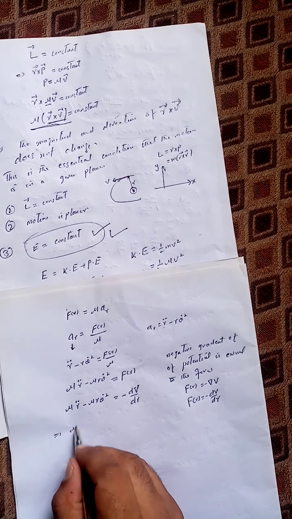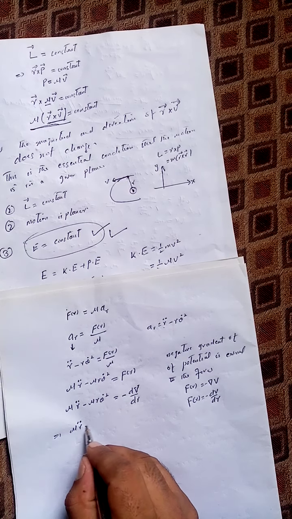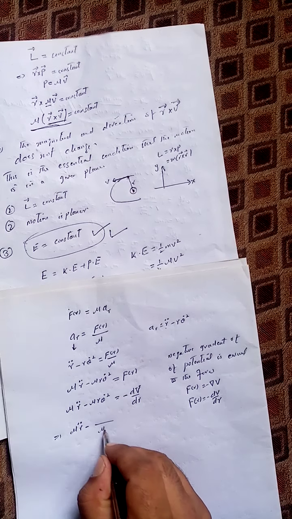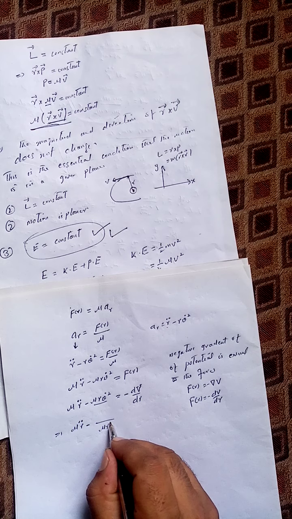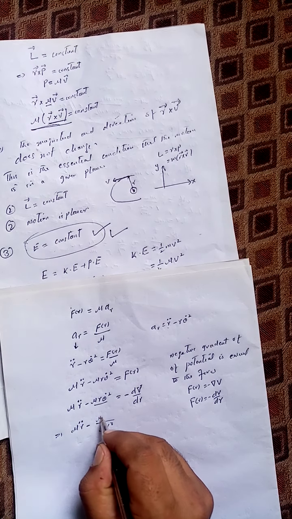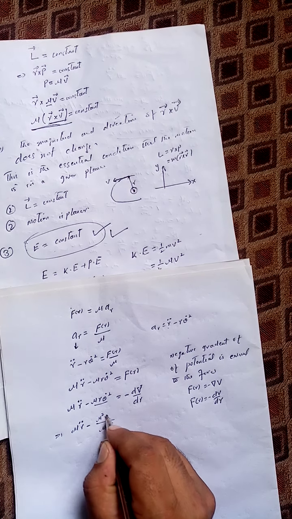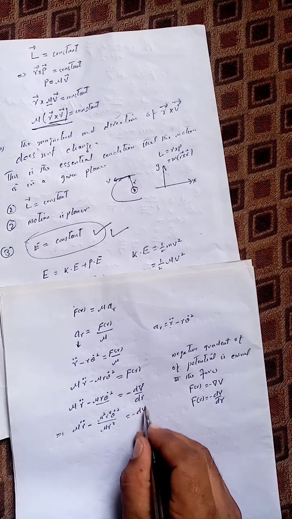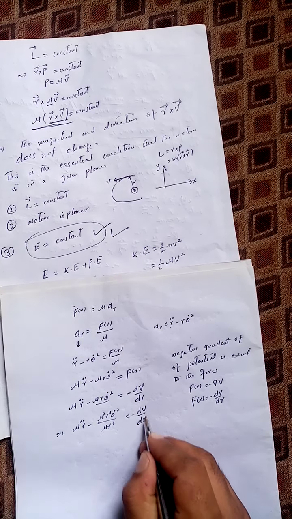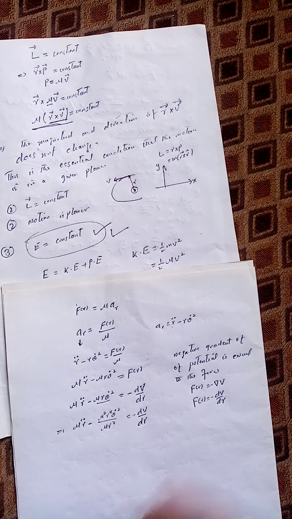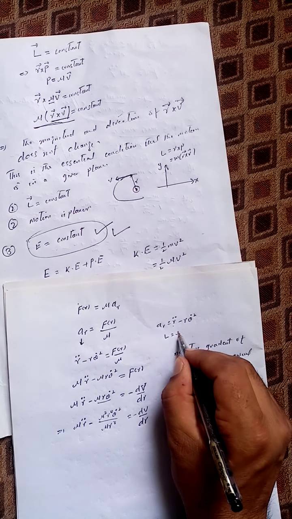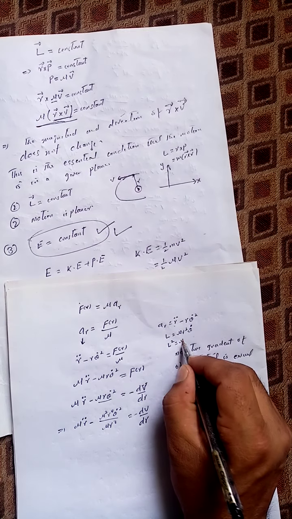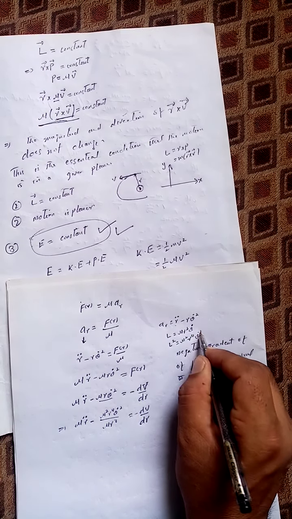This implies that mu r double dot minus, I will divide this part by mu r cube and also multiply it by mu r cube. So we have mu square r to the fourth theta dot square, which is equal to minus dV over dr. Now angular momentum L is mu r square theta dot, and L square is equal to mu square r to the fourth theta dot square.